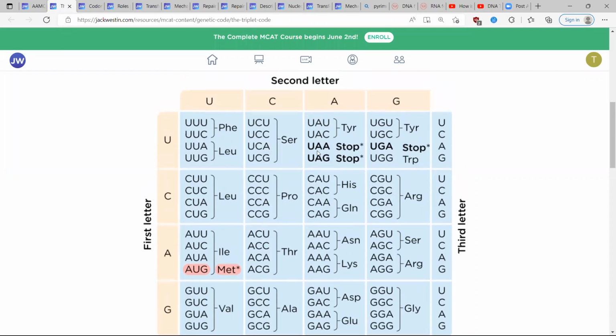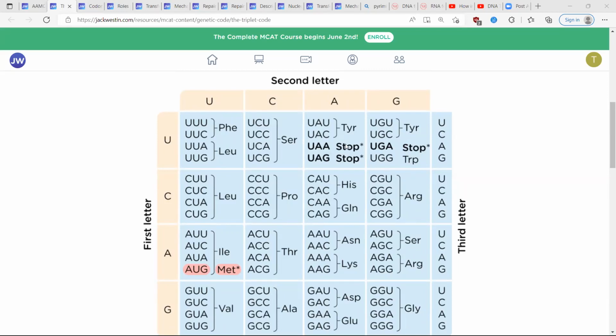Then we have three different stop codons: UAA, UAG, and UGA. And Kaplan has a great mnemonic for these. I'm going to put it in the chat. So those are the stop codons.